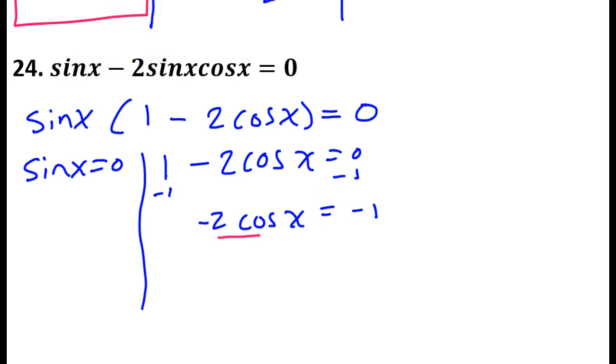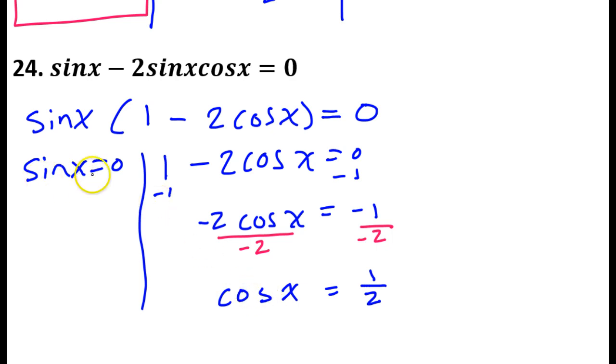And now if I divide both sides by -2, I'm going to get cosine x is equal to +1/2. So these are the two functions that I have to work with.